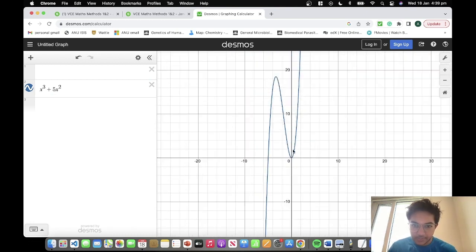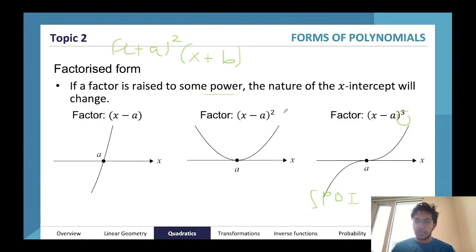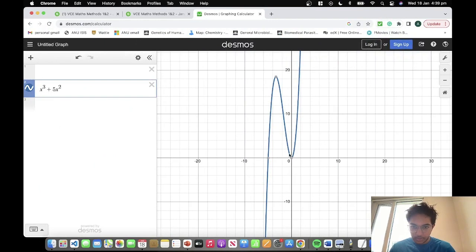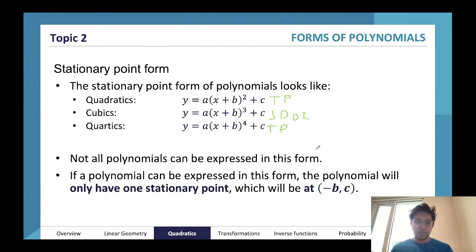From here, we can tell that this factor is going to be an x squared term, like the term I was talking about here. I'll just switch back to the PowerPoint. It's going to be like this. And the reason I can tell is because it goes down and then goes up. All right. Hopefully that makes sense with everyone.